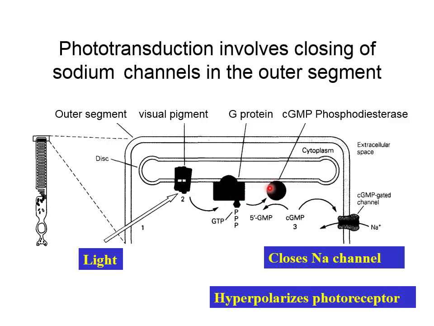The cyclic GMP phosphodiesterase catalyzes the breakdown of cyclic GMP to 5' GMP. As the cyclic GMP is decreased, the channel closes, thereby the photoreceptor becomes hyperpolarized.